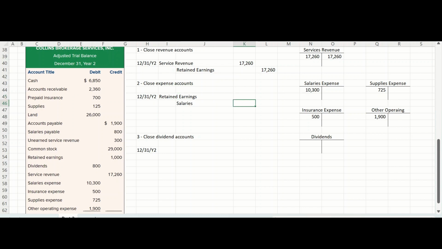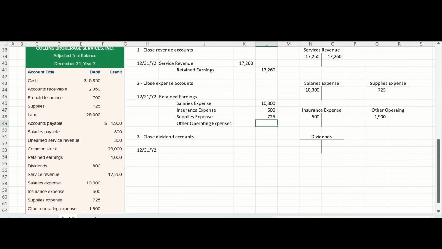So salaries expense, insurance expense, supplies expense, and other operating. Salaries were $10,300. Insurance was $500.